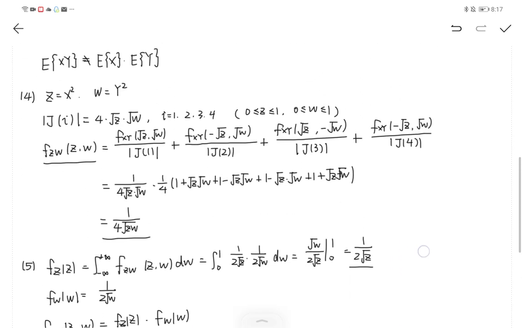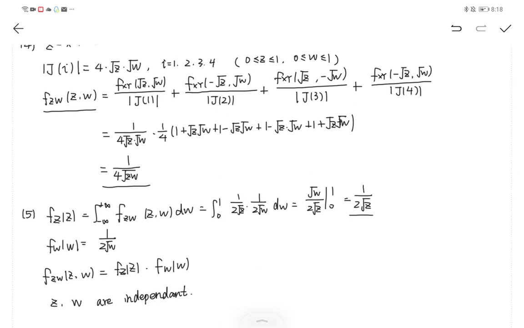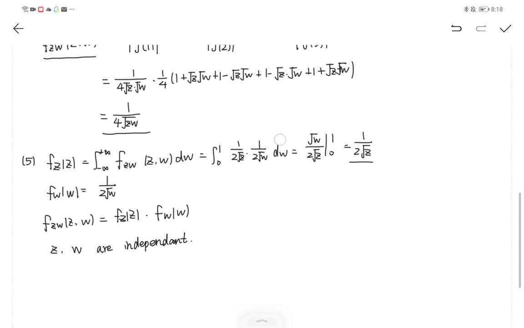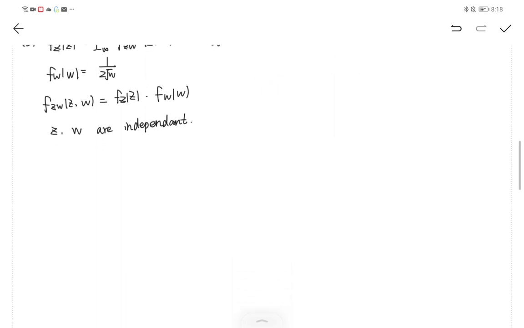And Z equals X to the power 2 and W equals Y to the power 2, so X to the power 2 and Y to the power 2 are independent.